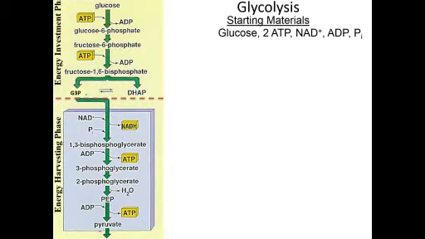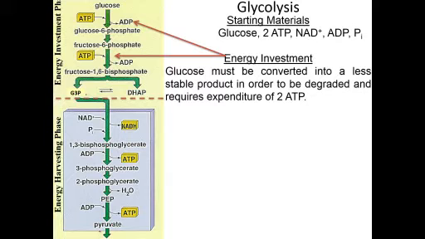You have some ATP, and you toss in a few NAD+, some ADP, and some inorganic phosphates. Here, the energy investment phase. To get the ball rolling, the cell has to invest energy into this pathway.